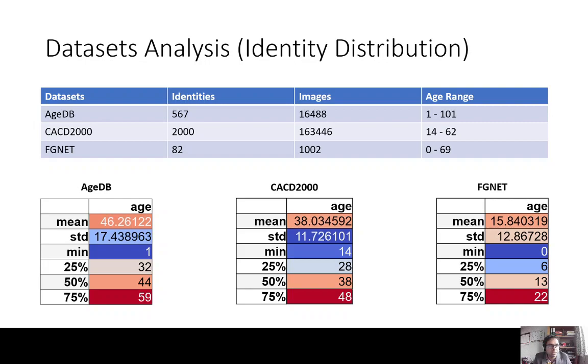Then for AgeDB, the mean of age is 46. For CACD, the mean of age is 38. For FGNet, the mean of age is 15.84, and you can refer to the standard deviations as well. This is directly from the Python code where you apply describe.